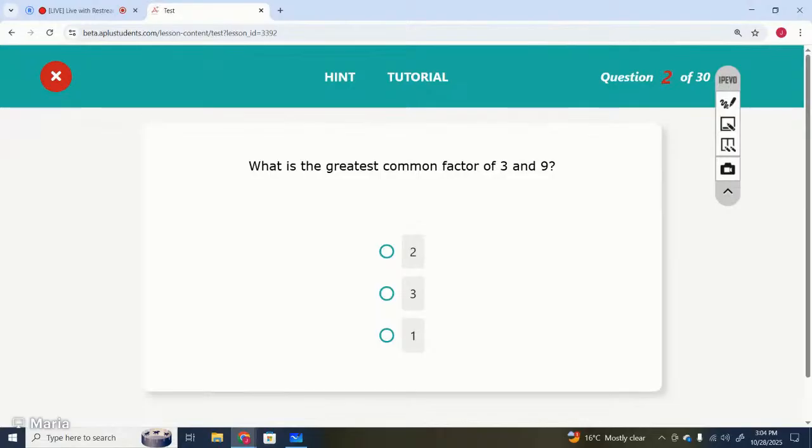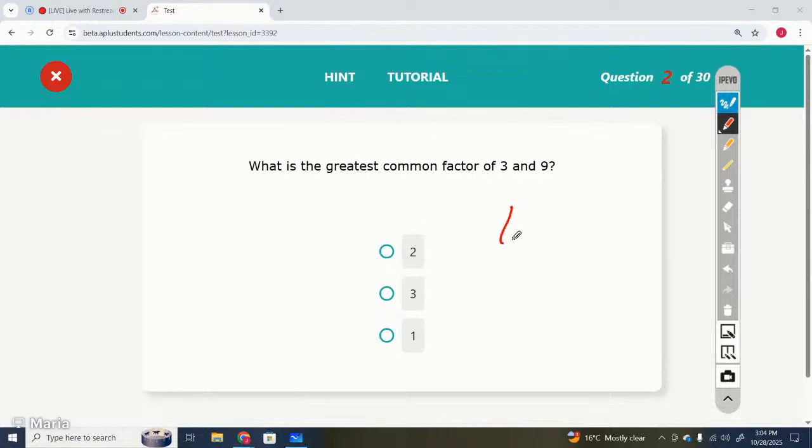What is the greatest common factor of 3 and 9? So list all the factors of 3 and 9. The factors of 3 are 3 and 1. Now write down the factors of 9: 1, 3 and 9.